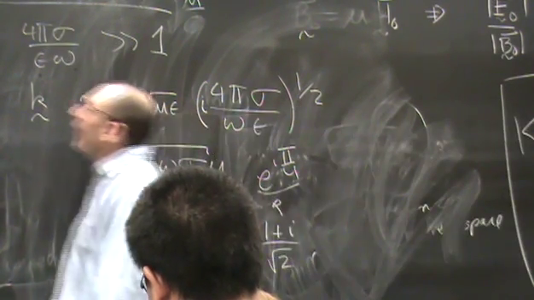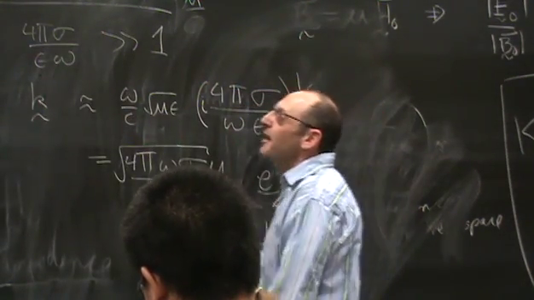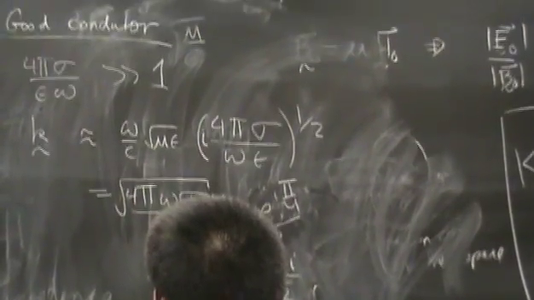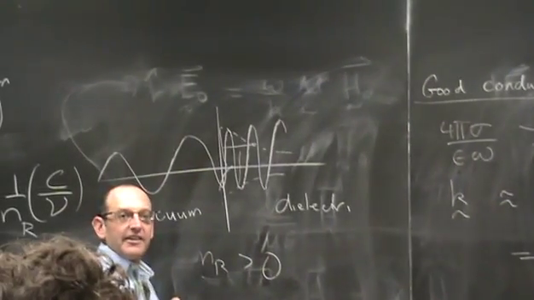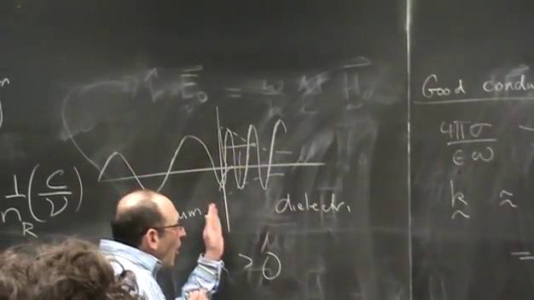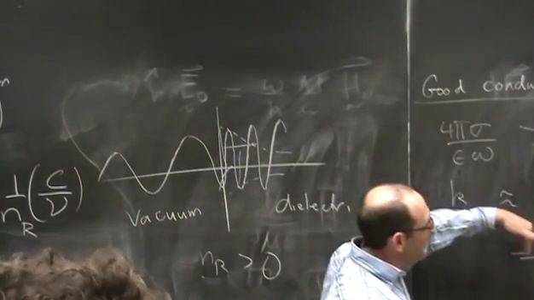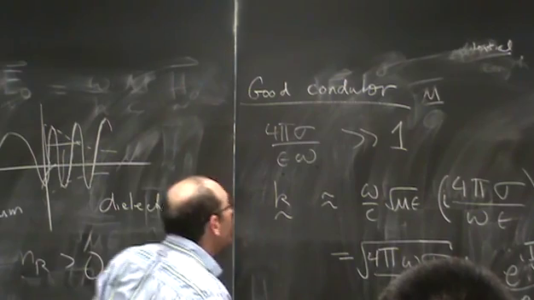And the propagation distance is tiny then compared to the free space wavelength. So I will get almost no propagation into the conductor. In fact, that decay amplitude gets very rapid as sigma gets very big.